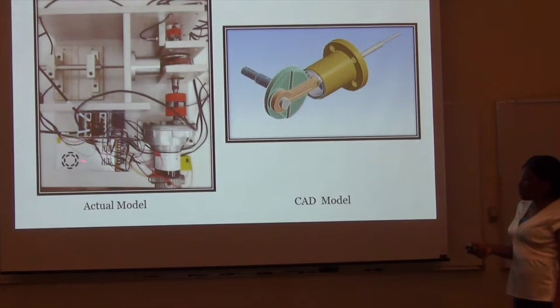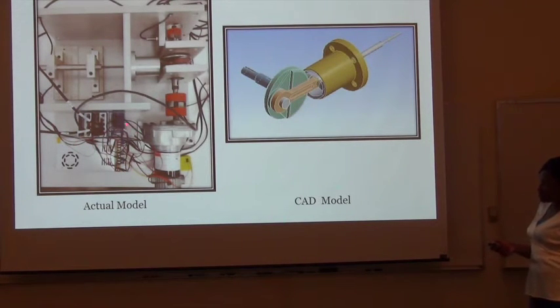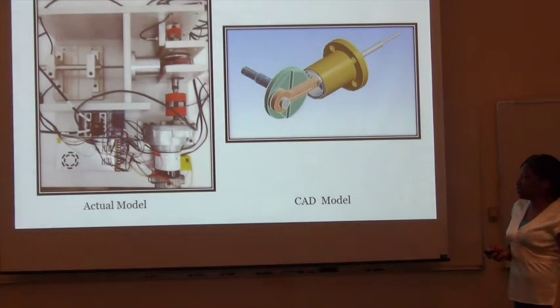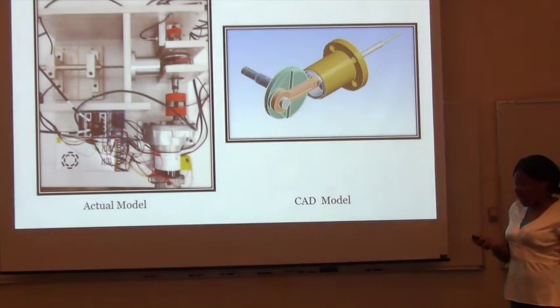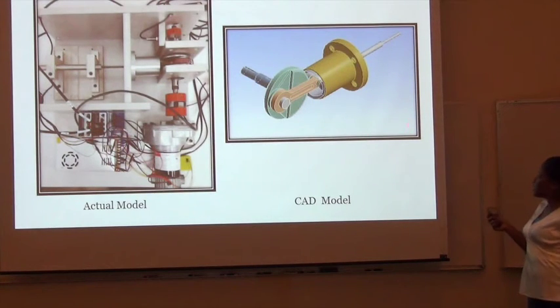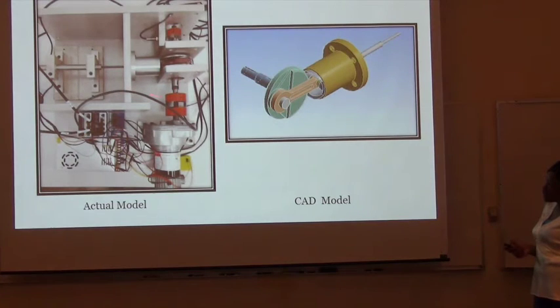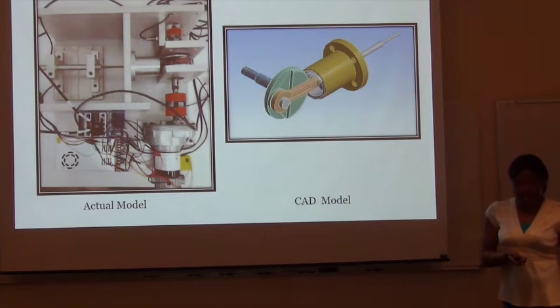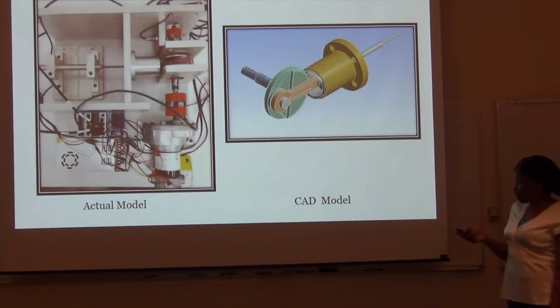This right here is our power supply for our DC motor, and here we have our data acquisition system. So it will take all our data in terms of velocity, acceleration, displacement, and also our strain. This here is the model that we placed in ANSYS. So you can see that it's very similar to what is right here. And all of this was done by the Senior Design Group, Group 6.